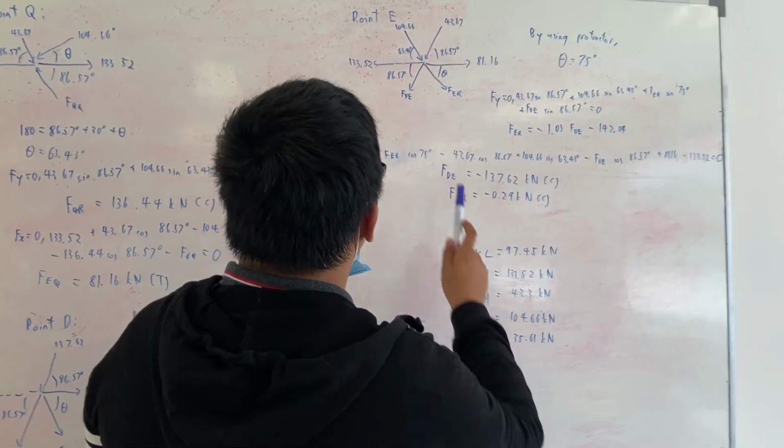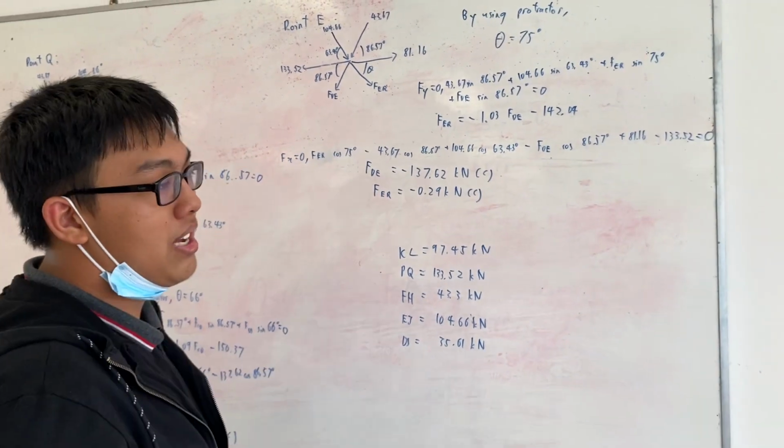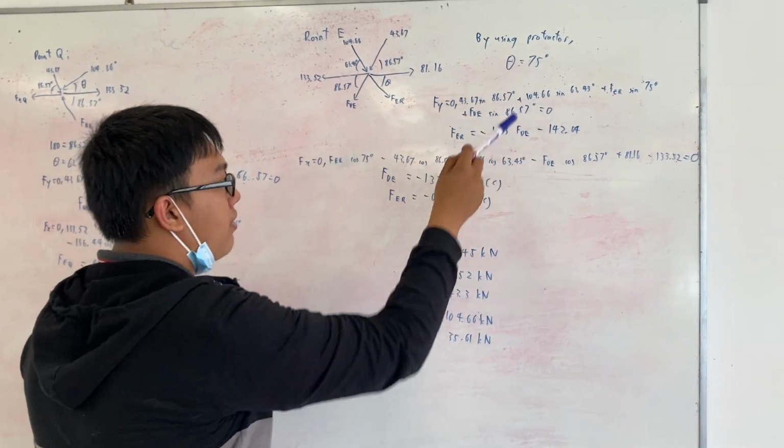After that, we move on to point E. After drawing out the free body diagram, first we will use a projector to determine that the degree angle here is equal to 75.